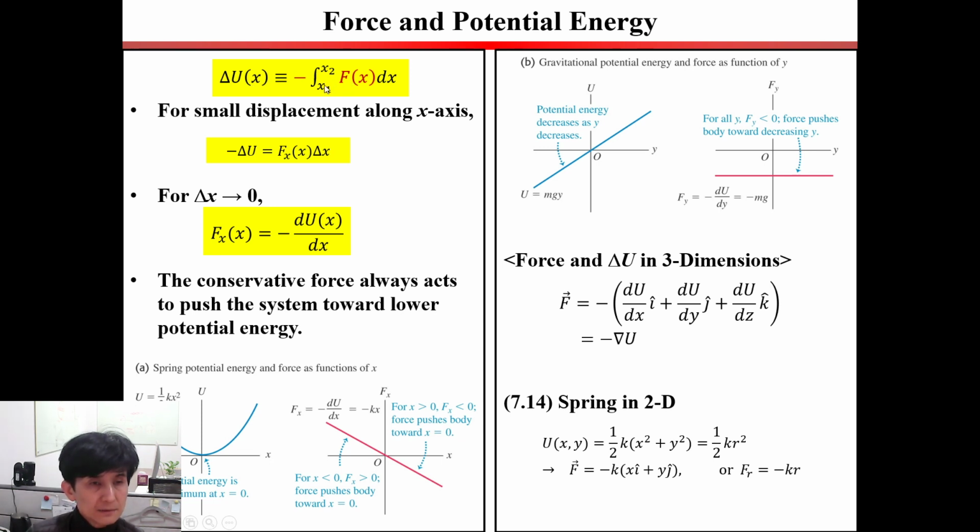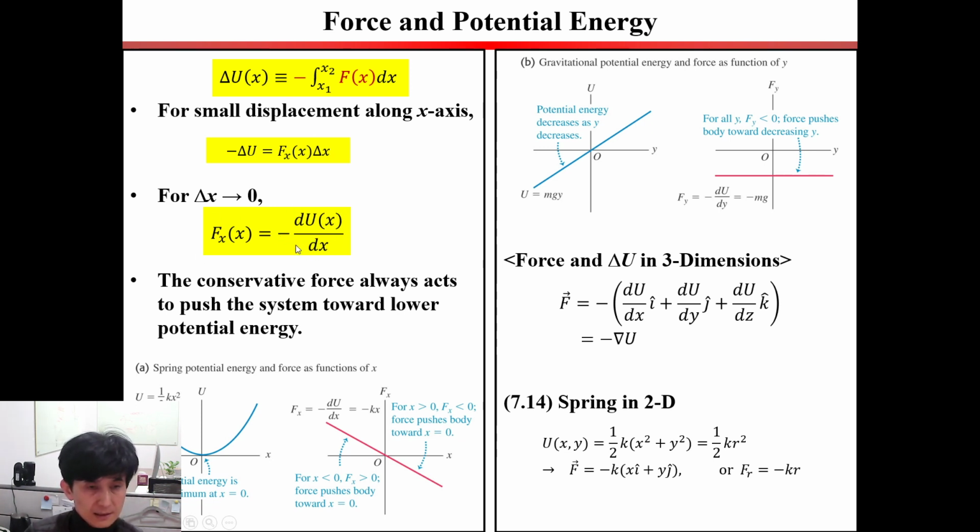And from this relation, the left side is the potential energy and the right side is the integral of the force. That means if we take a derivative on both sides, then the derivative of potential energy should be equal to the minus of the force. So the force is the minus of the derivative of potential energy.